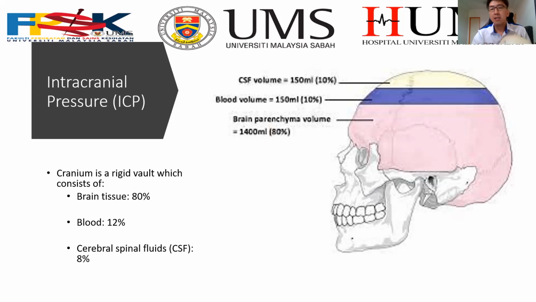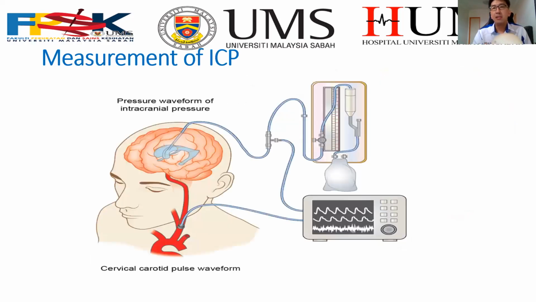So this is how we measure the intracranial pressure. We have various methods to measure it. The intracranial pressure can be measured by the EVD, the external ventricular drain placement.